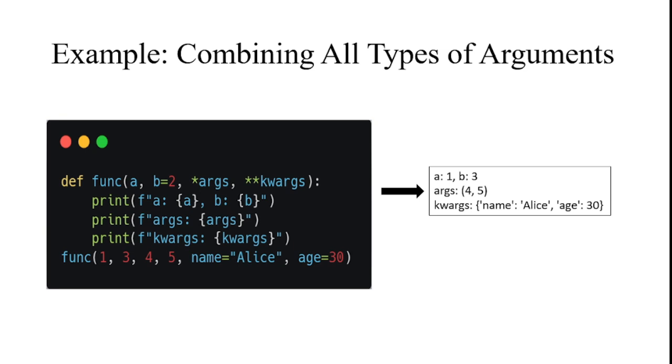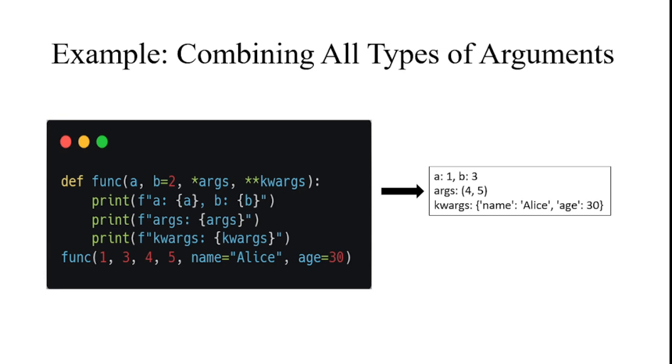Now B is the default argument, it has been given the default value 2, but while calling the function we have also passed the value 3, so it will take this value 3, so B will be assigned the value 3. So when we print the values, the value of A will be 1, the value of B will be 3. Next, 4 and 5 are non-keyword variable length arguments. So these non-keyword variable arguments will be assigned to args.